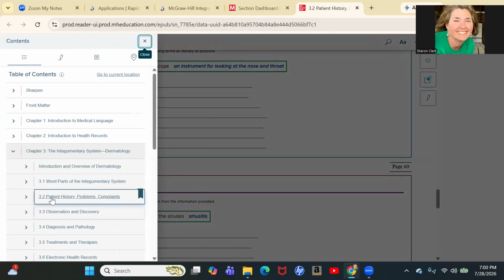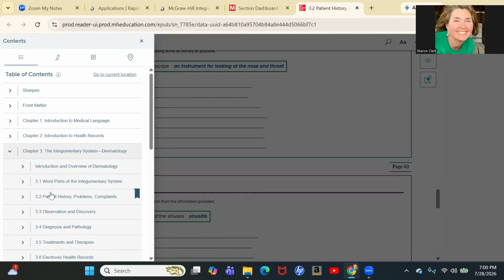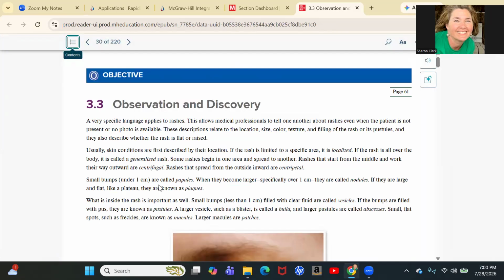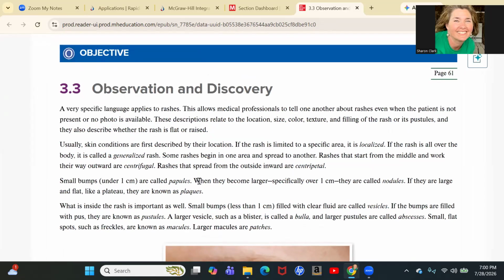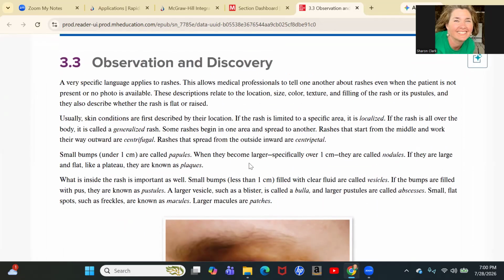Okay. And then lastly, for this part, one is observation and discovery. So some objective terms that they would use in the objective section of the medical record are how to describe what the medical professional is seeing.